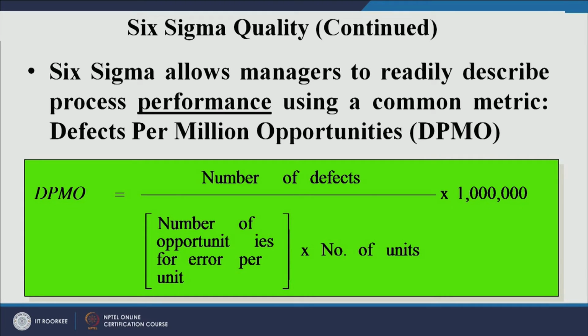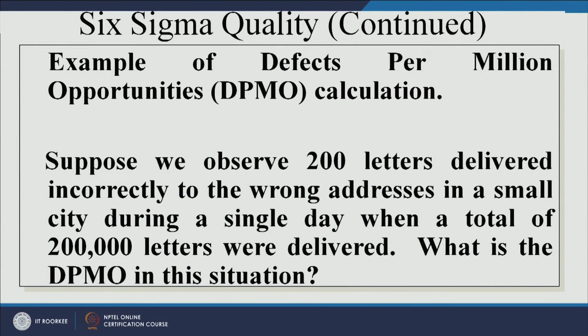Let us look at one example and calculate DPMO. Suppose we observe 200 letters delivered incorrectly to the wrong addresses in a small city on a particular day, when a total of 200,000 letters were delivered. What is DPMO in this situation?